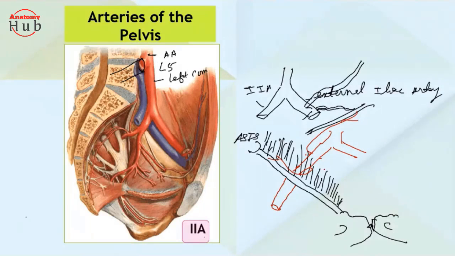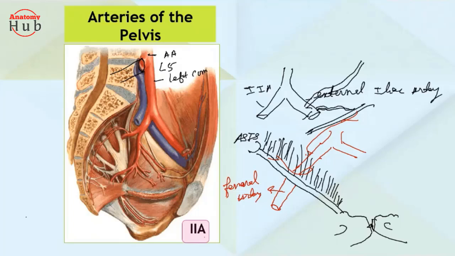At this region, the name of this artery changes. Who can say which artery it will be? Femoral. Yes, it is known as your femoral artery. Right, so here you can see this is your external iliac artery, just descending downward, and here it gives a branch.